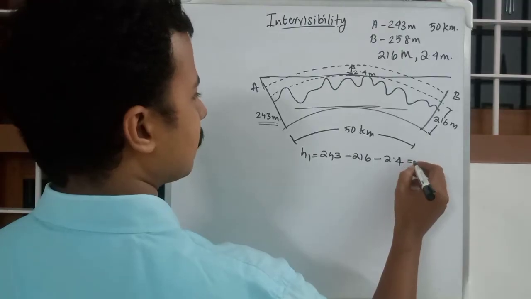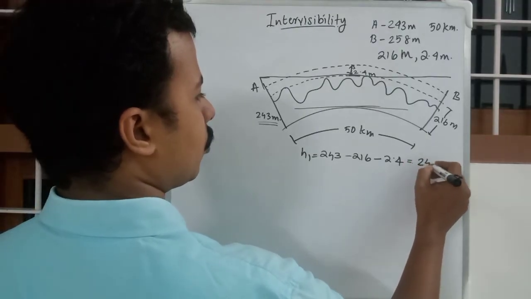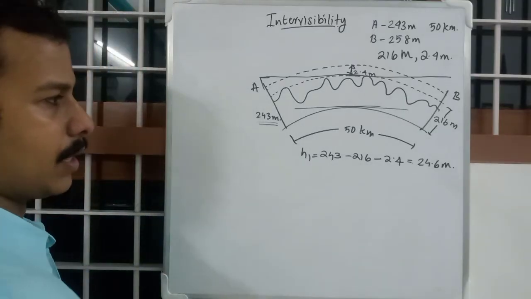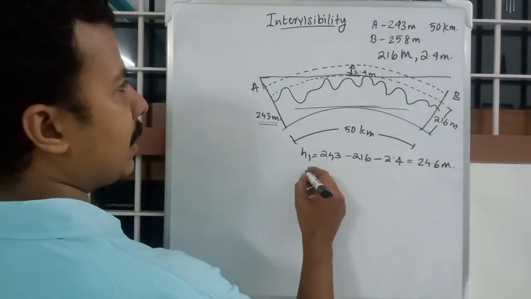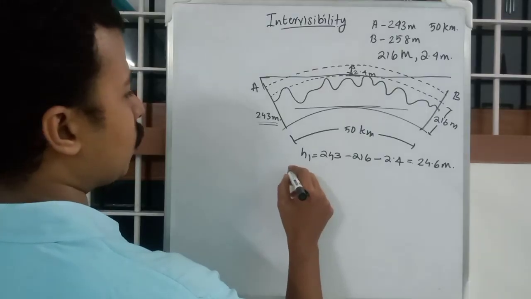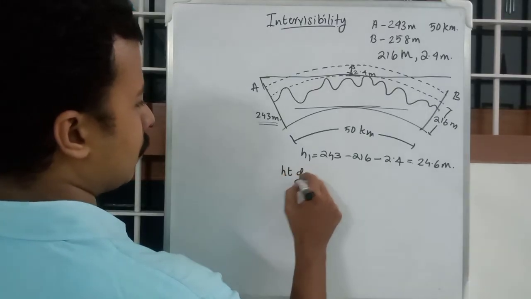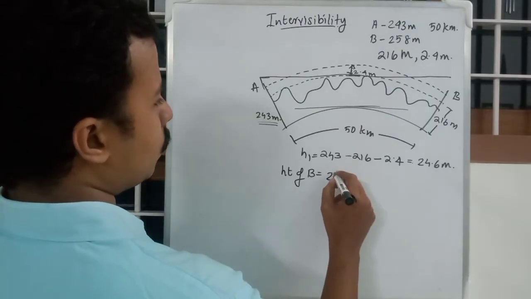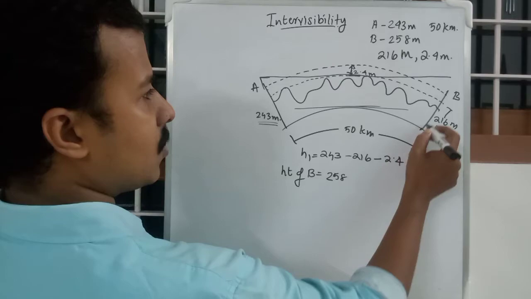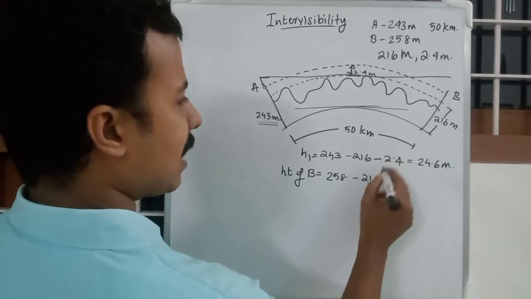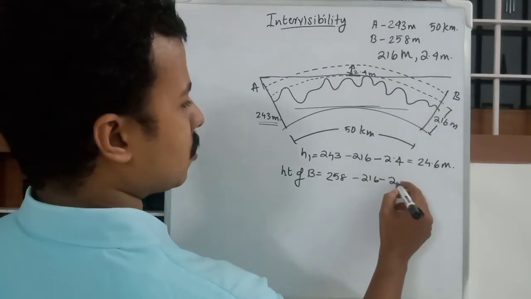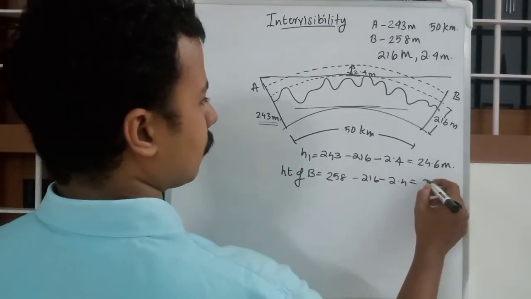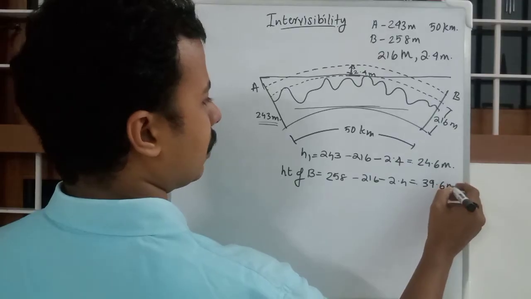And we get 24.6 meters. Then again we take height of B, which is 258 minus this elevation 216, same thing we did with H1, minus 2.4, that will be equal to 39.6 meters.